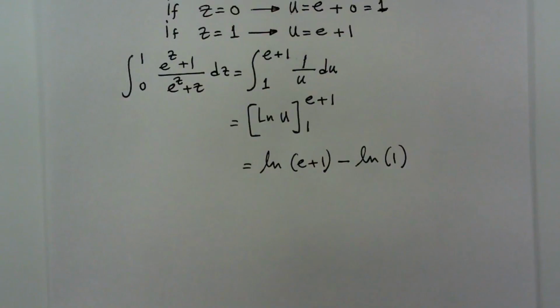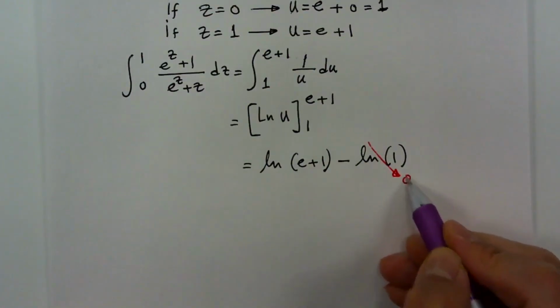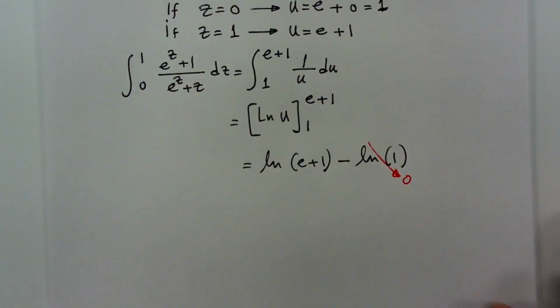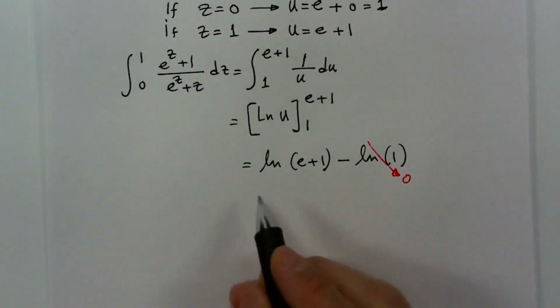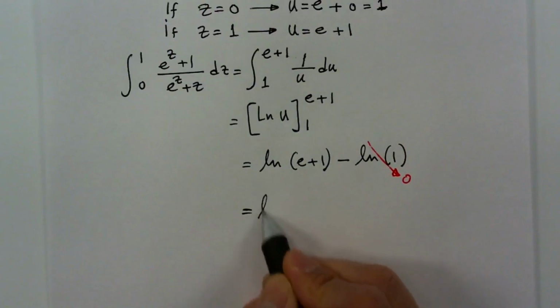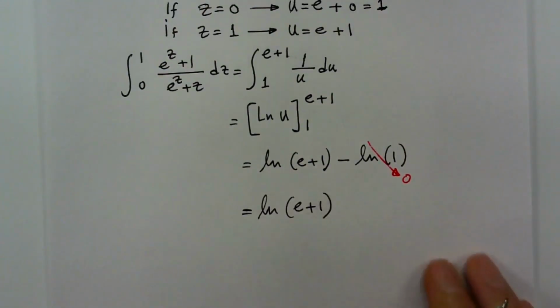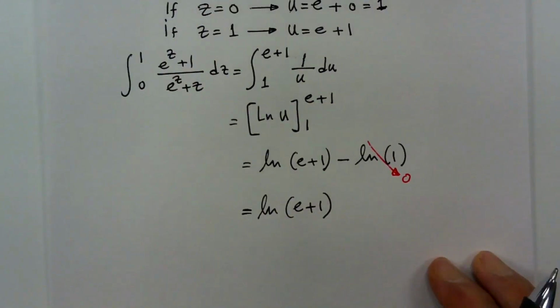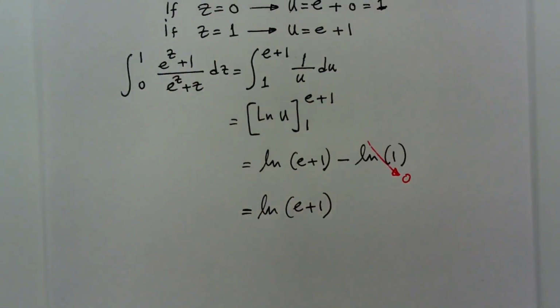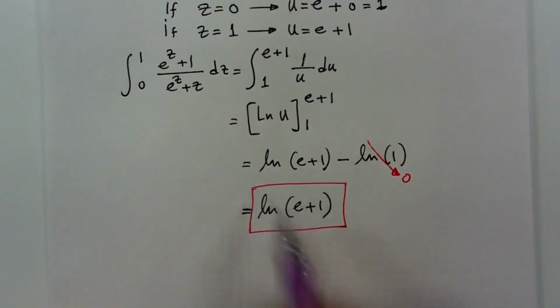Of course, the natural log of 1 is just 0, so it drops out. We have just the natural log of e plus 1. Here's our final answer.